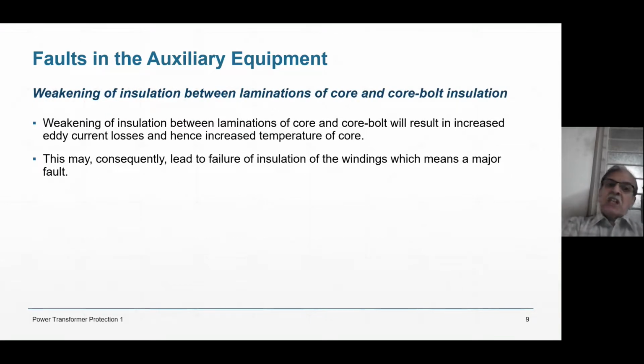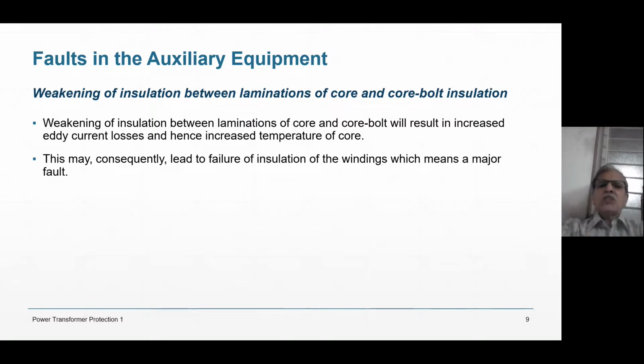Another important minor fault is weakening of insulation between laminations. You see, the transformer core is laminated. 0.4 mm laminations are there, and they are varnished so that one lamination is not in electrical contact with nearby lamination, because otherwise the eddy current losses will be high and the transformer will be heated.